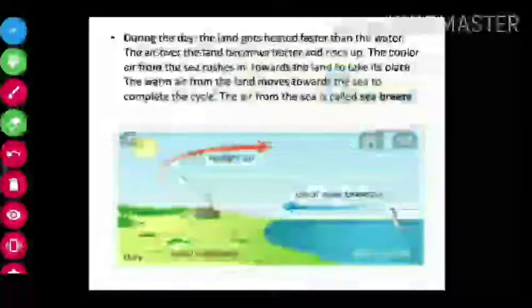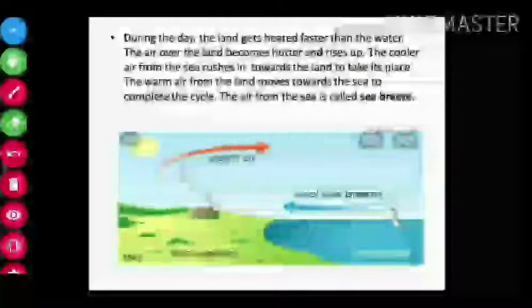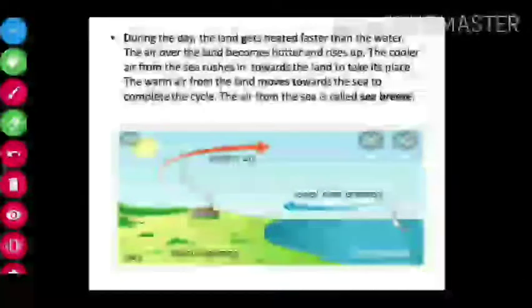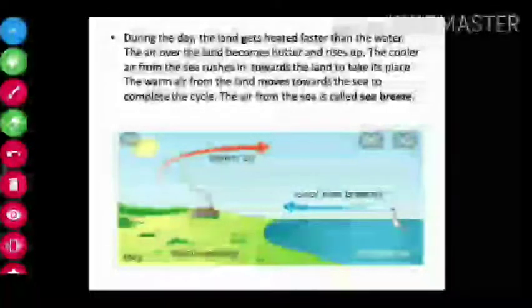We will see the sea breeze and land breeze. So first we will see what is breeze. Breeze is the cool air which flows from land to sea or sea to land. If it is flowing from sea, it is called sea breeze. If it is flowing from land, it is called land breeze.